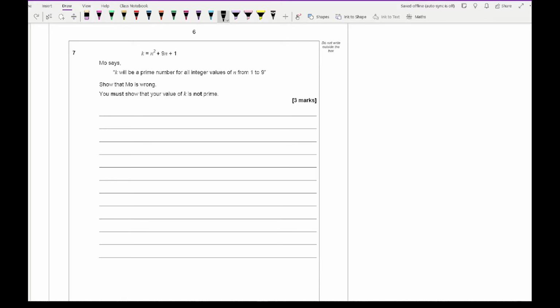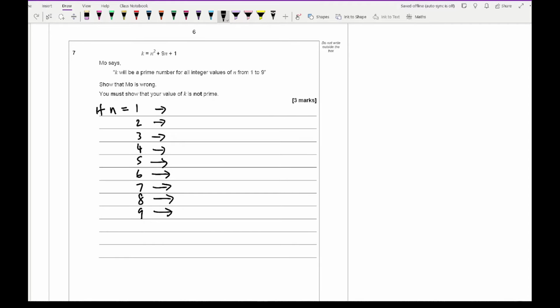So here, if I substitute n equals 1, 2, 3, 4, 5, 7, 9, what we're going to do is substitute it all into the values and hope that we notice that one of these numbers is not prime.